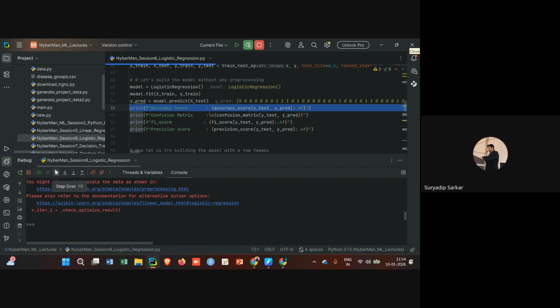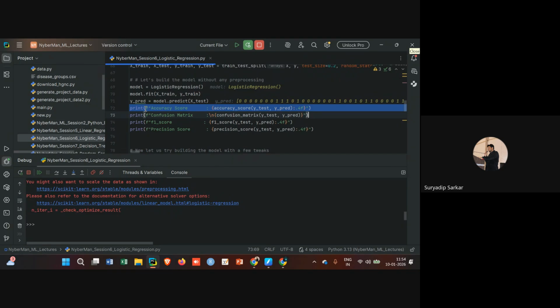Let us calculate the accuracy, confusion matrix, the F1 score, and the precision score. Okay, let us go ahead and do that. So in order to do that, obviously, I would have called the accuracy score function, confusion matrix function, F1 score function, and the precision score function. Here I have called it inside the print statement. The way you can call variables or functions inside the print statement is if you use an F string.